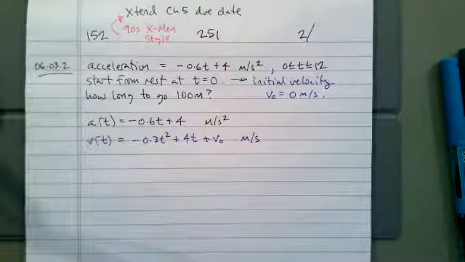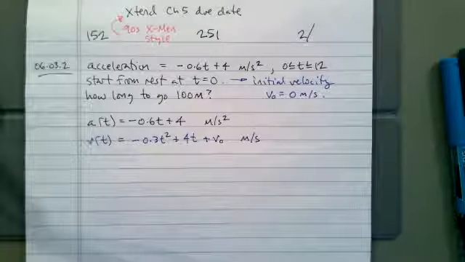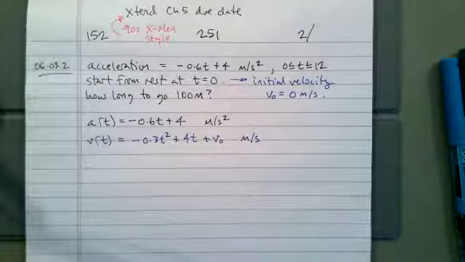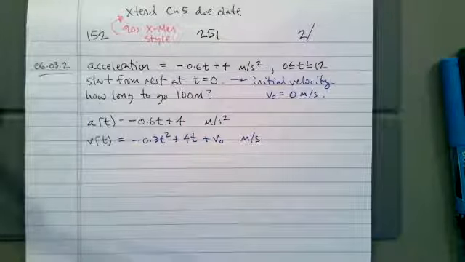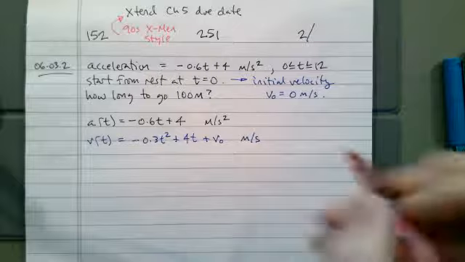So when we integrate the acceleration, we end up with the velocity. V naught, the initial velocity, will be the constant of integration. But in this case, the initial velocity is 0 meters per second, so we can get rid of this.